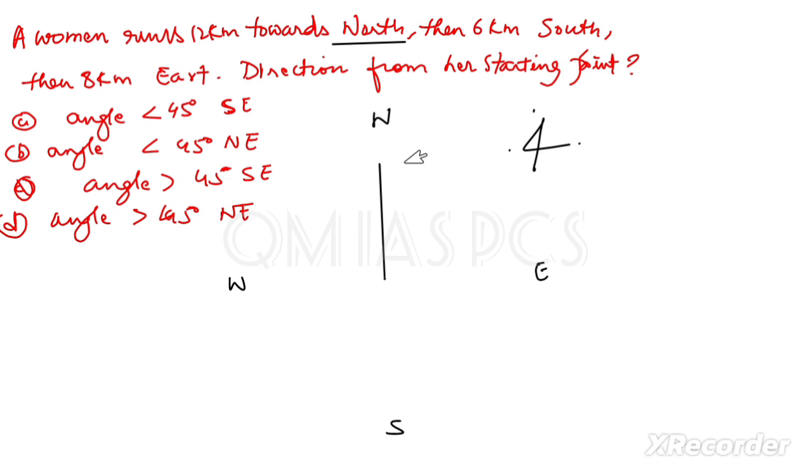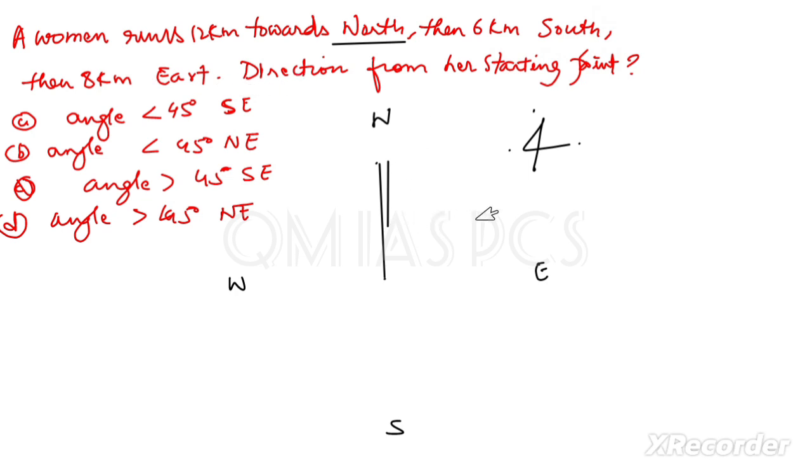Okay, this is the maximum distance, that's why I'm saying this is 12 kilometer. Then 6 kilometer towards south, so north then south. Okay, this is 12. So south means you can say this is the point going backward.